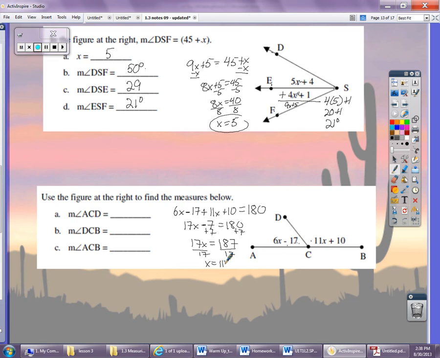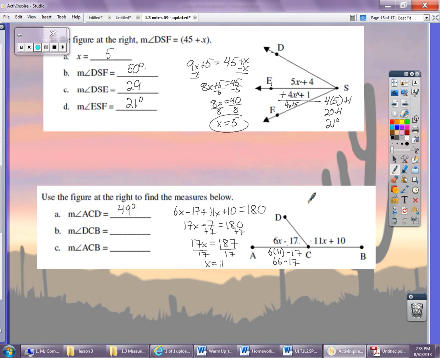So we know that x equals 11, and we can plug in 11 for our values. To find the measure of ACB, we put 11 in here, so we have 6 times 11 minus 17. 66 minus 17 is going to give us 49 degrees. So ACB is 49 degrees.